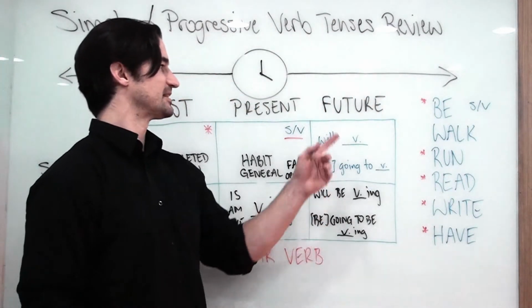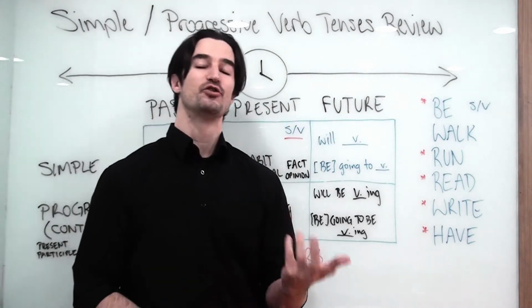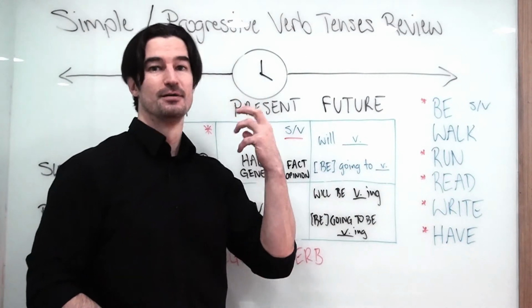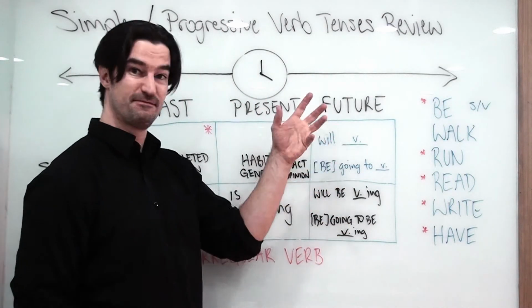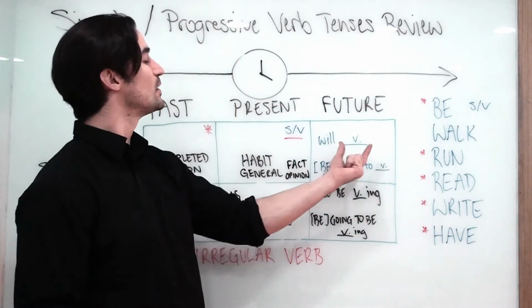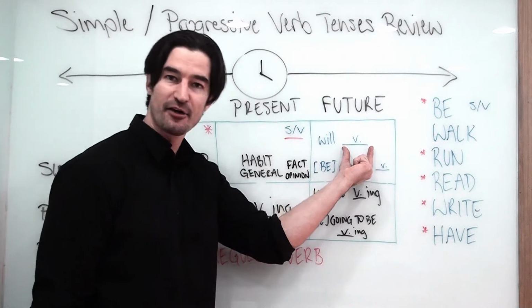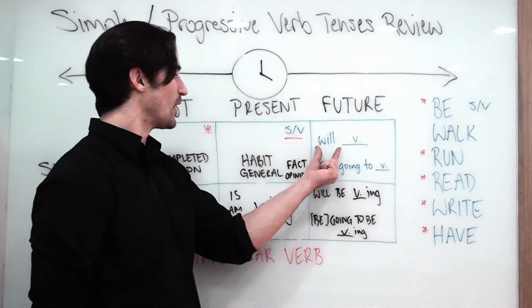Lastly, we're talking about the future continuous or future progressive. If you remember from the simple verb tenses last lesson, then you remember that the simple future is probably the simplest verb tense. We are simply using the bare infinitive in these patterns of words.